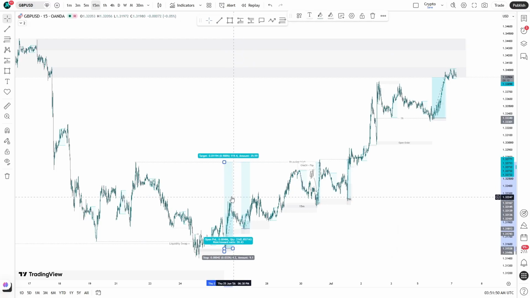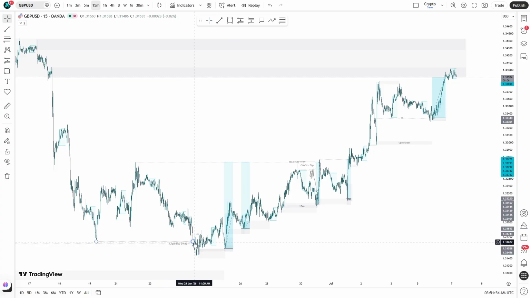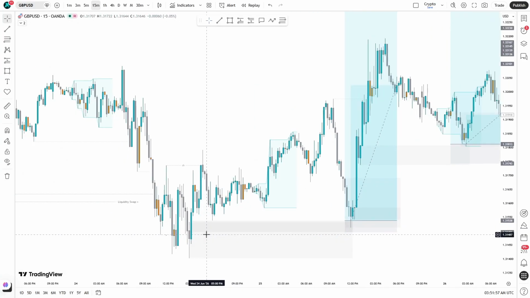So we see everything that happened as part of the trade. Now let me zoom in. This is the low that the market swept on the 4 hours, like I showed you earlier. After the market swept this low, it then had a change of character.